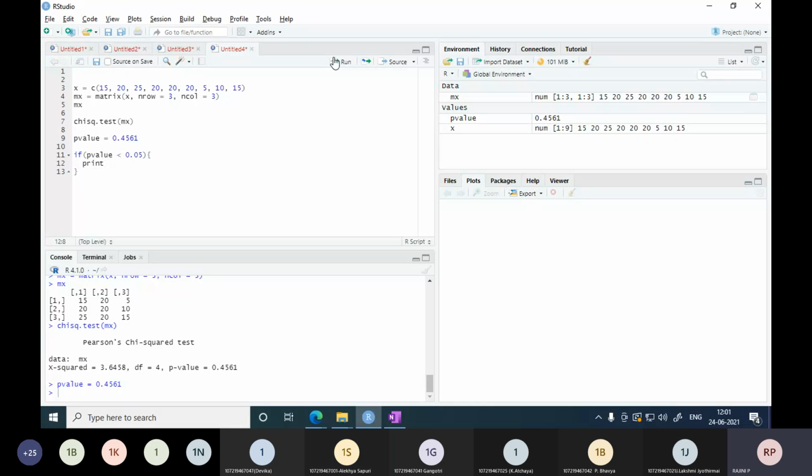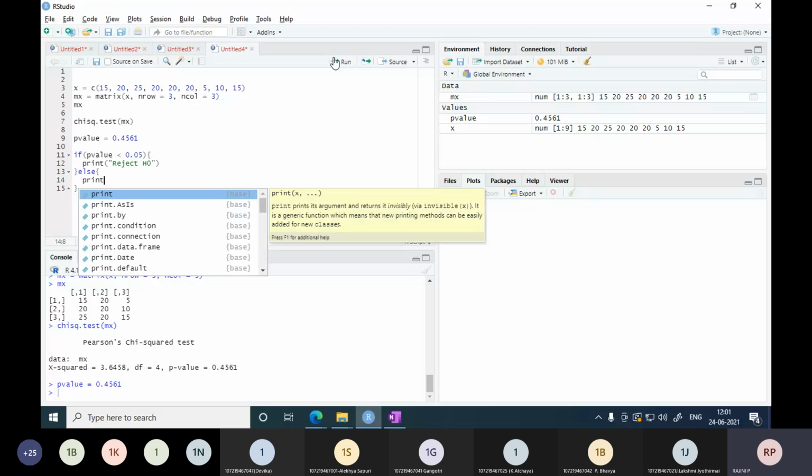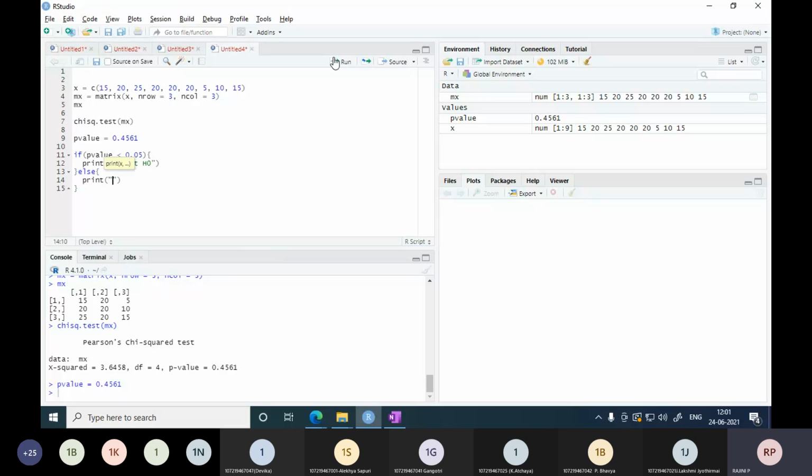Less than means you are comparing with the probability value. So reject H naught. And next, after this, print else. Open the curly bracket, then enter print, open the bracket and accept H naught.